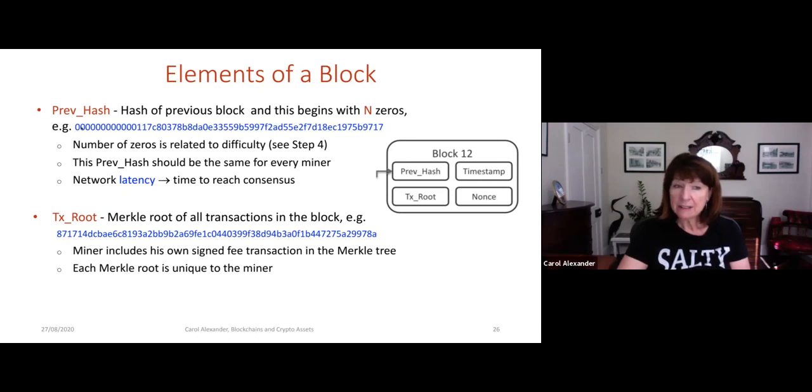Now this is going to be something beginning with lots of zeros, and that's related to the difficulty, which we'll explain in more detail later. And this is the same for every miner, but as I said, the transaction root will be different for every miner. The previous hash should be the same, and sometimes it can take several seconds for transactions to be relayed around the world by the master nodes.